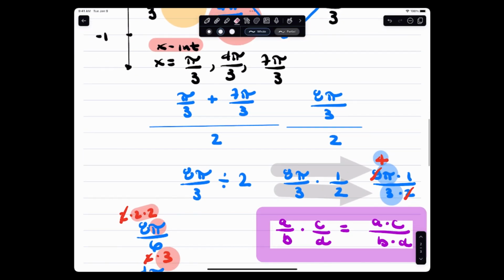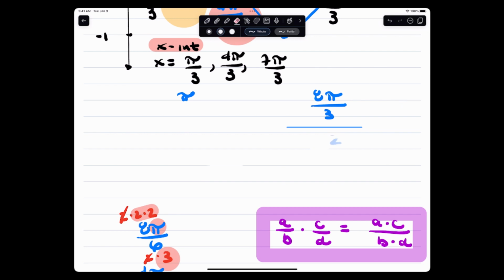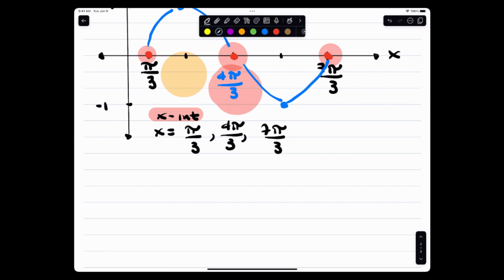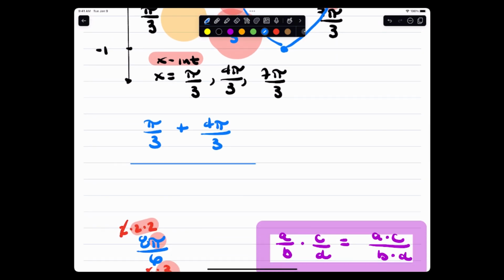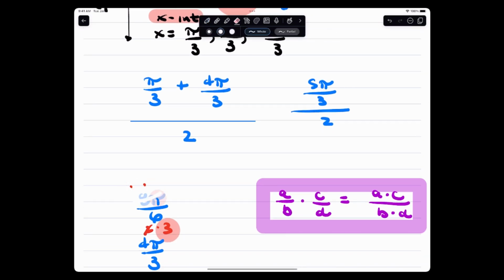Okay, the midway. Let me go back. Midway, I'm going to erase this because now we have another arithmetic question. That's what I'm saying, arithmetic. So pi over 3 plus 4 pi over 3 divided by what? 2. What does that give you? 5 pi over 3 divided by 2. Okay, how do we write that?